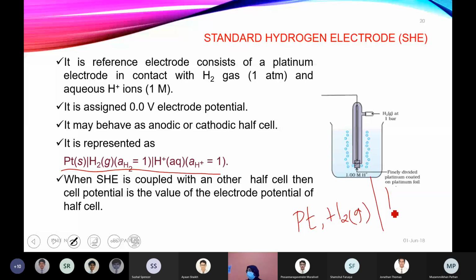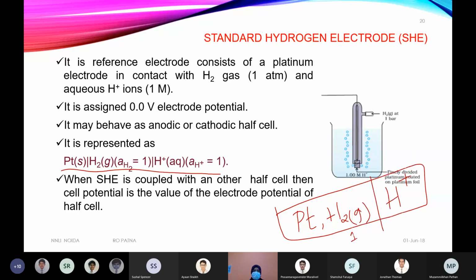That is the simplest representation of SHE. But here they have mentioned the pressure as 1 atm, and here it is 1 molar concentration. No need to write everything like this. Just write 1 atm or 1 bar and concentration is 1 molar. That will be more than enough.